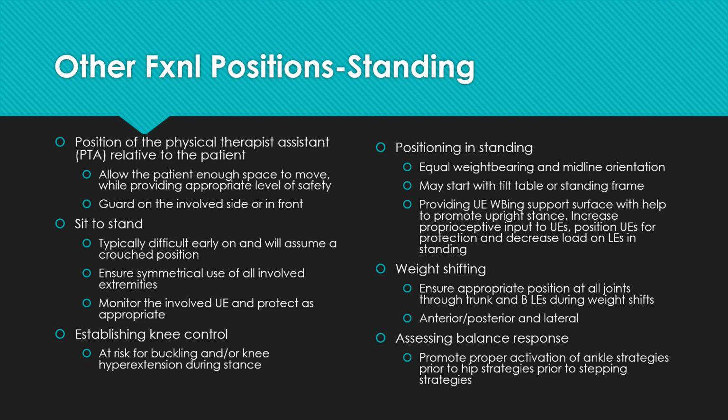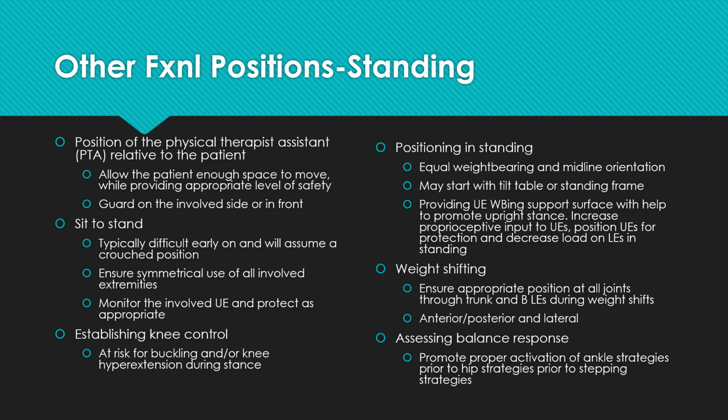Performance of sit to stands are typically difficult early on, and the patient will assume a crouch position and then kind of stand up from there. Anterior weight shifts are a deficit, especially if they have poor midline orientation. A lot of patients following CVA will have a posterior lean in a seated position, and so achieving the appropriate anterior weight shift that they need to get from seated to standing can be difficult.